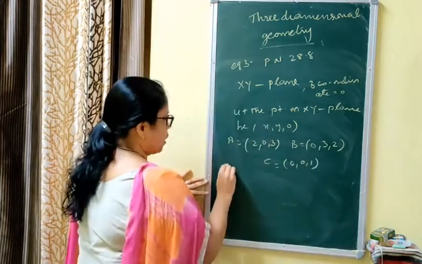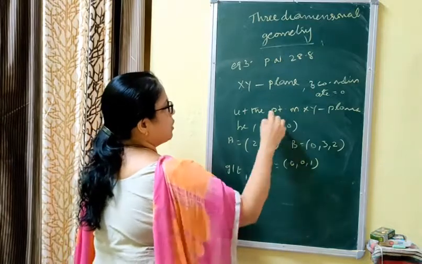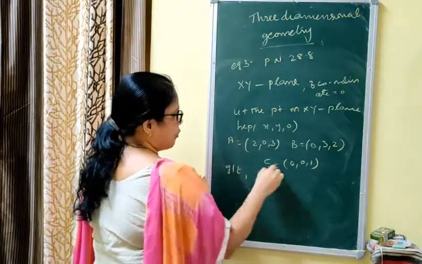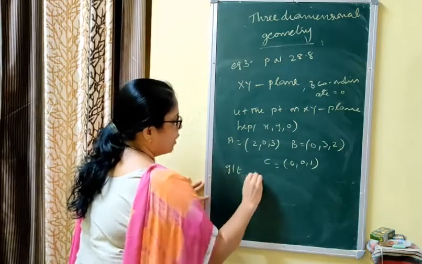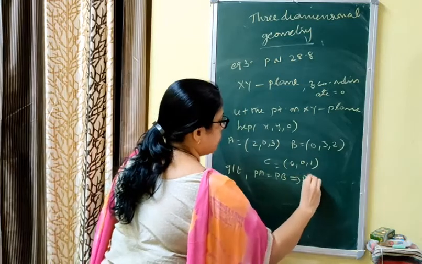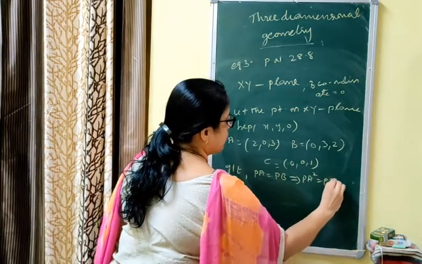What is given? This point is equidistant from all these three given points. PA equal to PB. That implies PA square is equal to PB square.